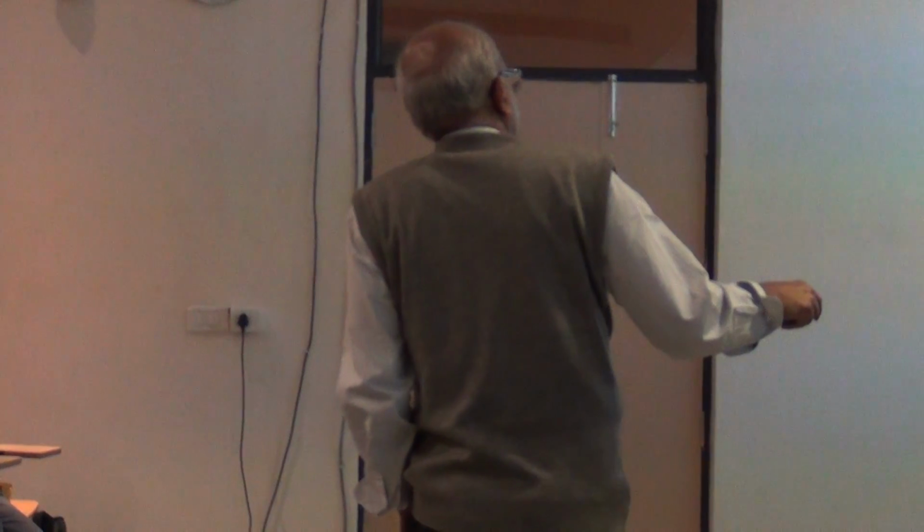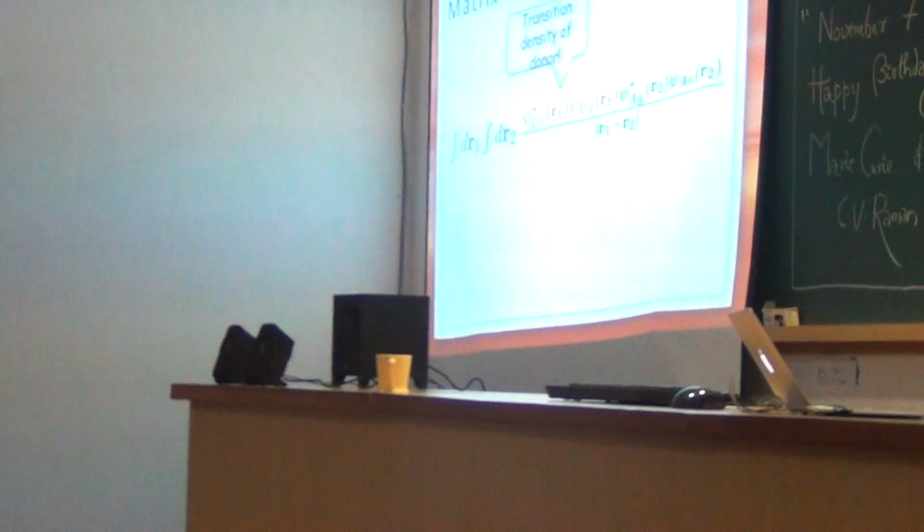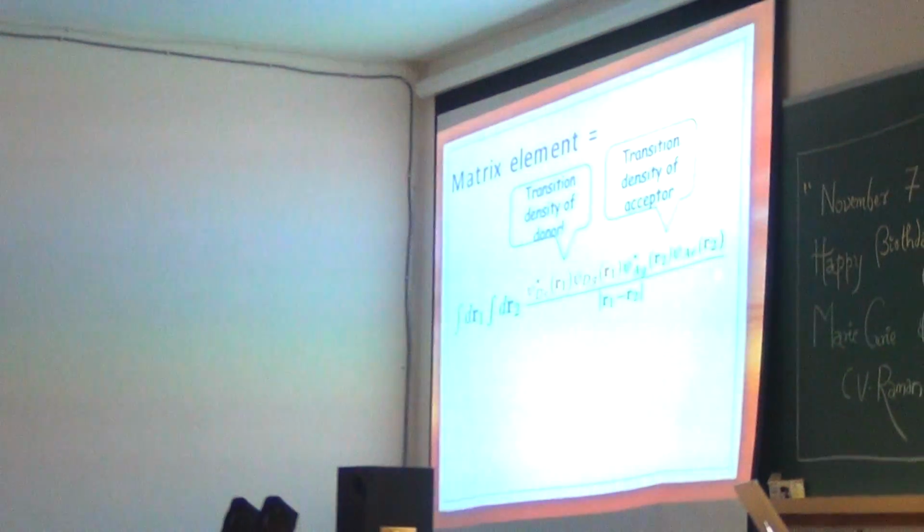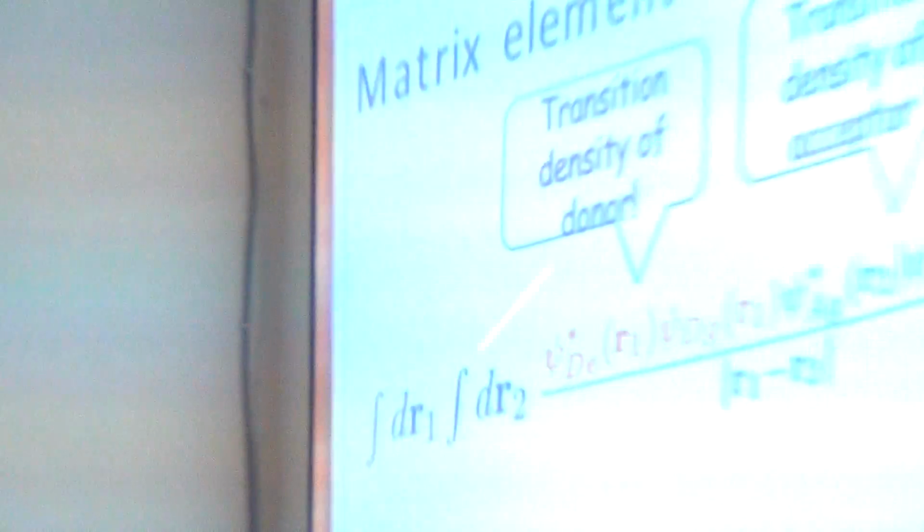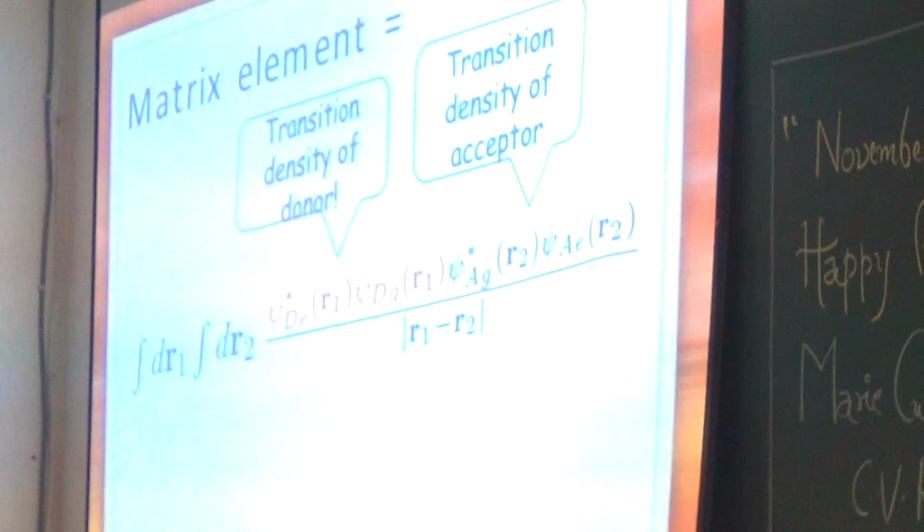You would have also studied electrodynamics, you would know how to calculate the interaction between two dipoles. This density, in spectroscopy, you have a word for it, it is referred to as the transient density of the donor, and this is usually referred to as the transient density of the acceptor.